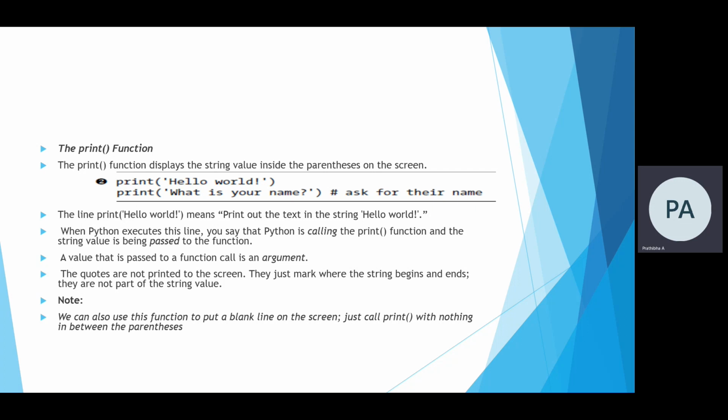So print hello world prints hello world as output. Again, what is your name is also written inside the print function. Both lines will be displayed as output. When it executes these two statements, it prints hello world and what is your name, line by line.